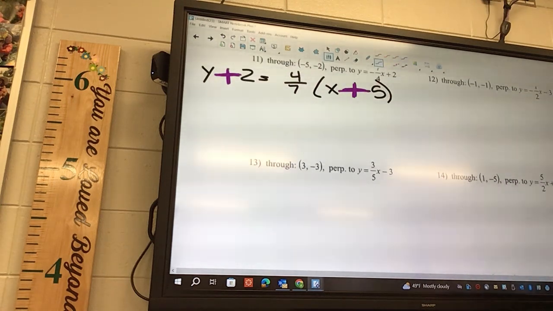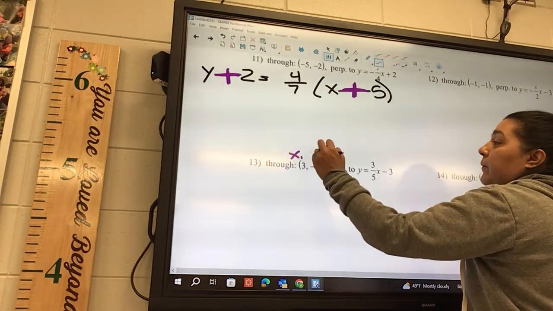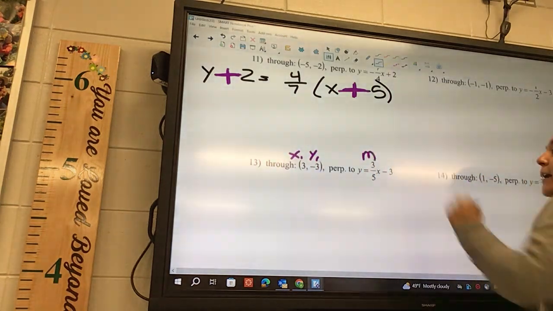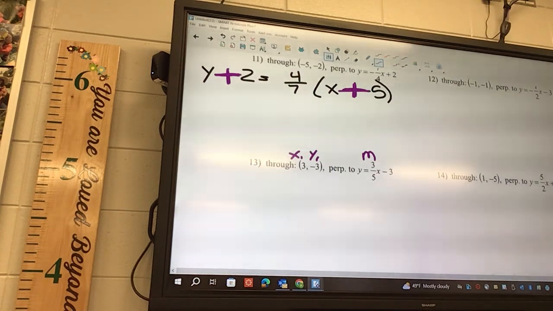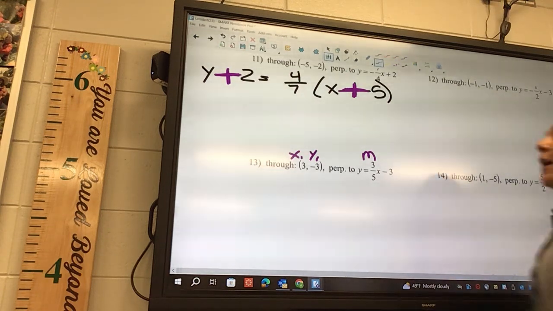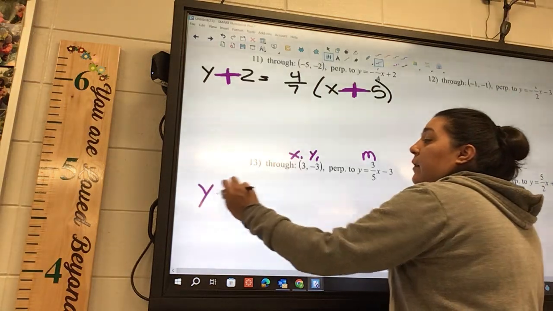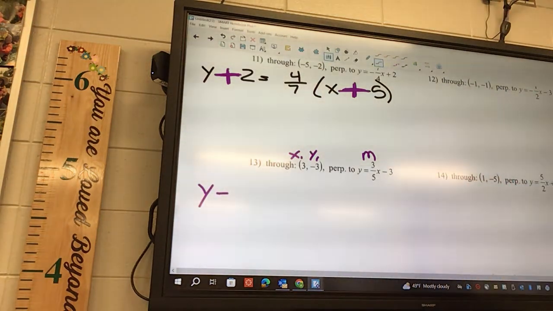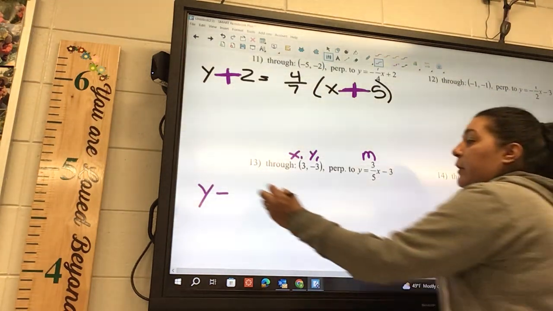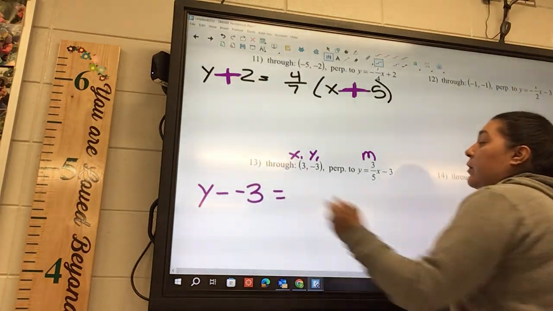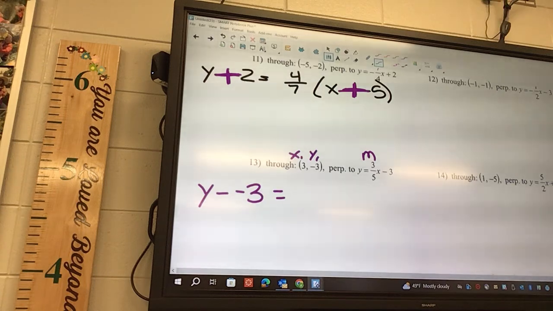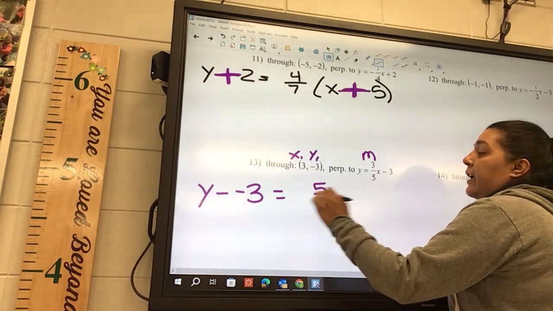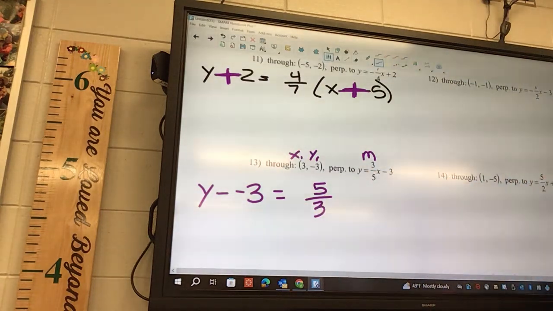Okay, 13, I'm gonna say x1, y1, and this is my m. Okay, so it's gonna look like y minus, what is my y1? Negative 3 equals, okay, my current m is 3/5, so what's it flipped gonna be? 5/3, okay, it is currently a negative or positive?